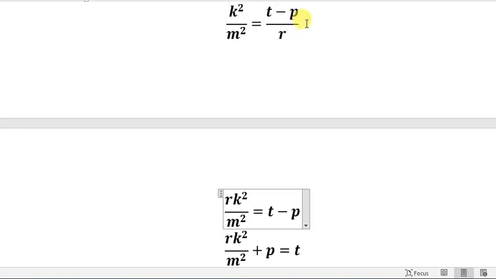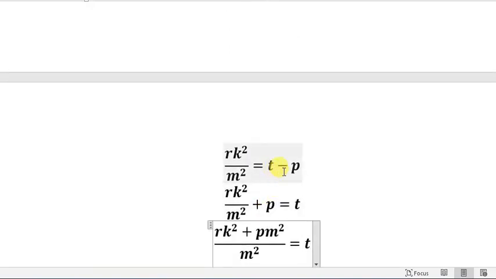That is, we multiply both sides of the equation by r. Doing that will result with rk squared over m squared. Now, multiplying the right hand side, we know that r will nullify itself. We are therefore left with a negative p, which is associating itself with t at the right hand side.